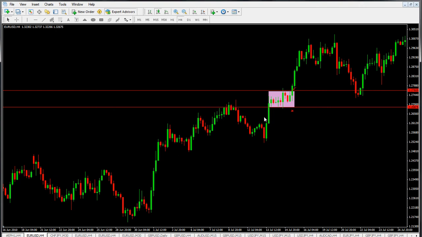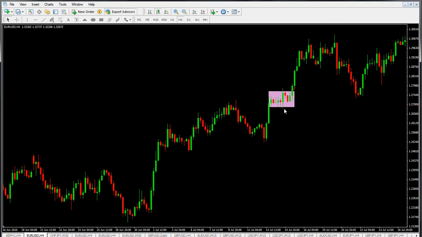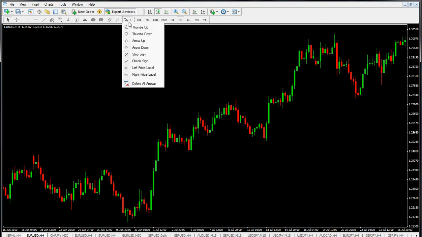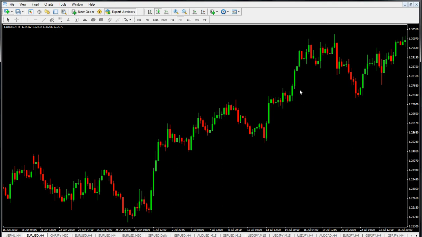Another way to place a stop loss is, for example, if we have some kind of trading strategy that tells us we want to take 100 or 150 points from the market, then our stop loss should be somewhere around 50 points.